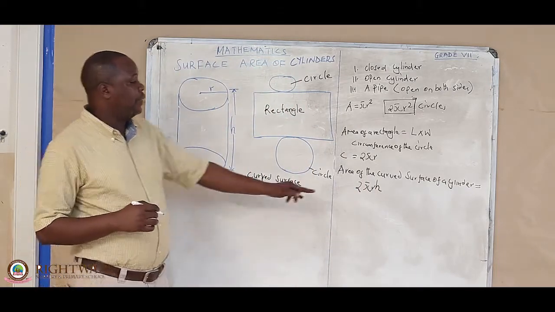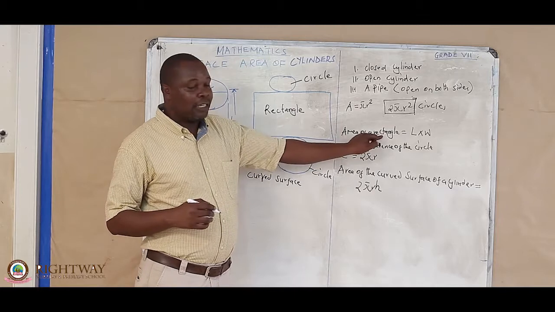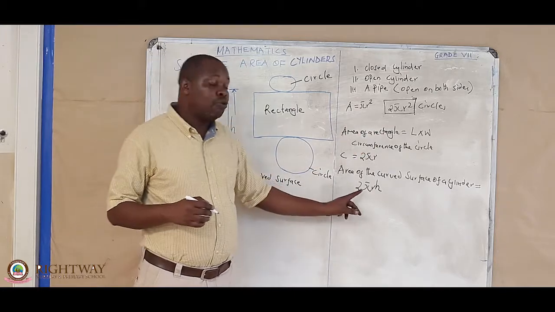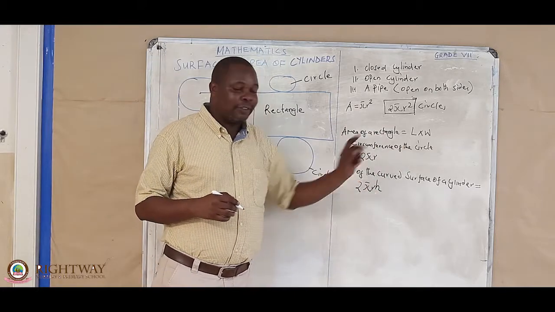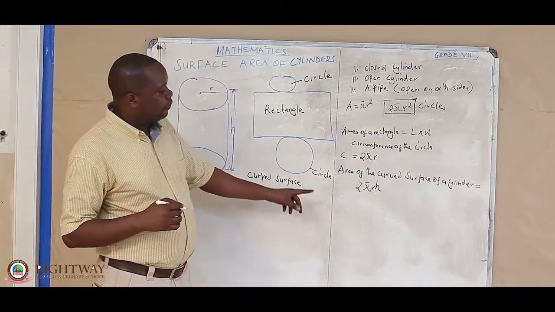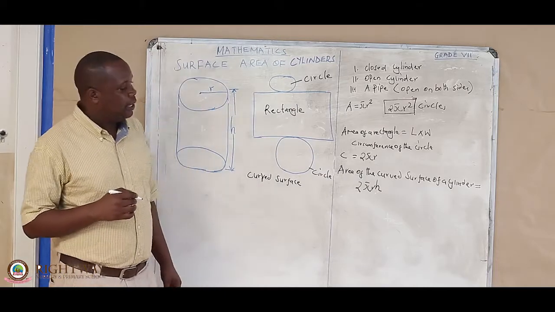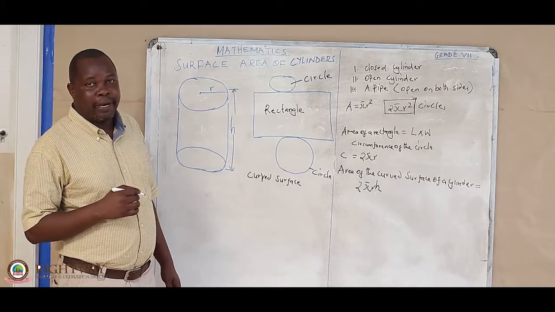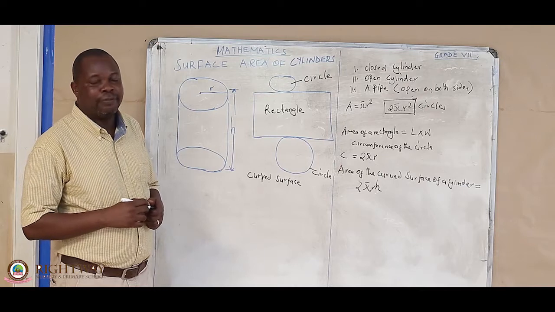When you take this back to the rectangle, you will find that 2 pi r is the length and h is the width. Therefore, the area of the curved surface of a cylinder is 2 pi r h.